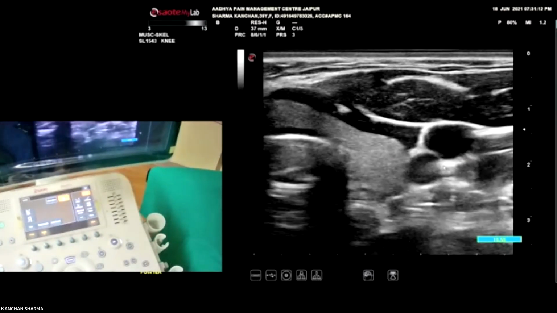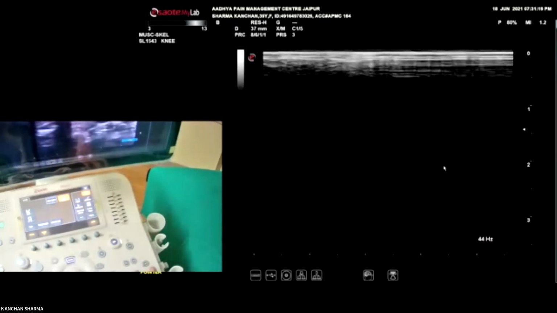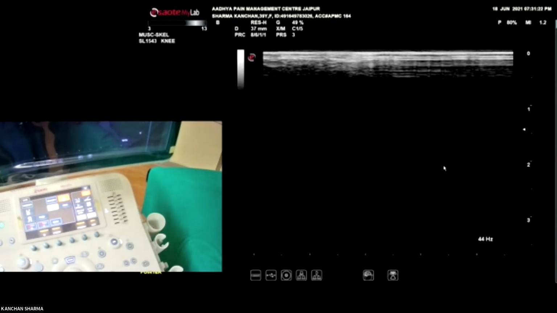Suppose you were using the linear probe, and now you want to use a curvilinear probe. So you have to detach the linear probe and attach the curvilinear probe separately. But in higher-end machines, there is some switch. If you put that switch on, you can change over between the different types of probes. Okay, I'm just showing you now.